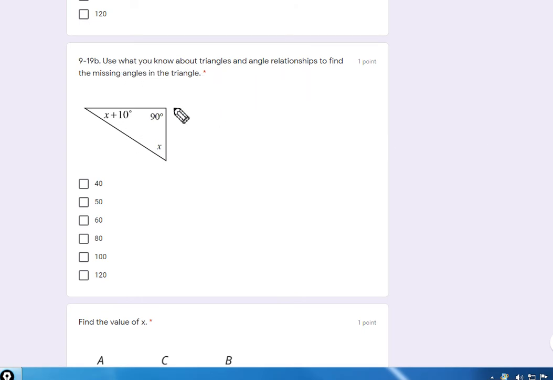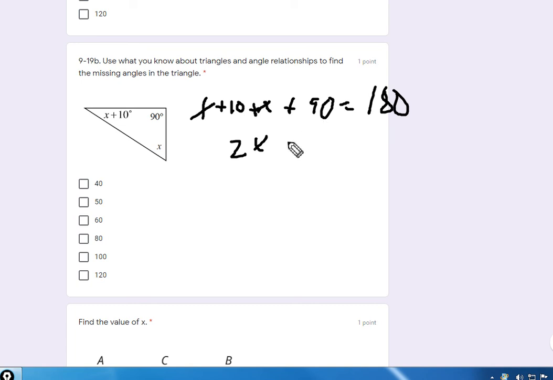Same thing. Okay, so we have x plus 10 plus x plus 90 equals 180. How many x's do we have? We have 2x and we have 100, because 10 plus 90 is 100. And it equals 180.